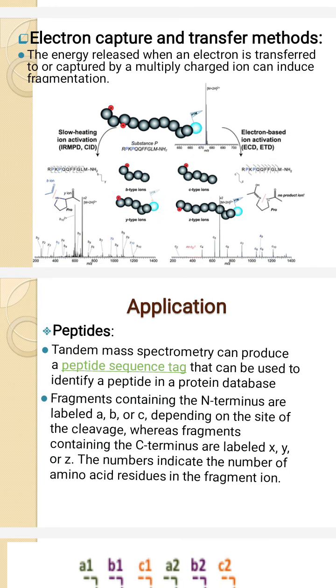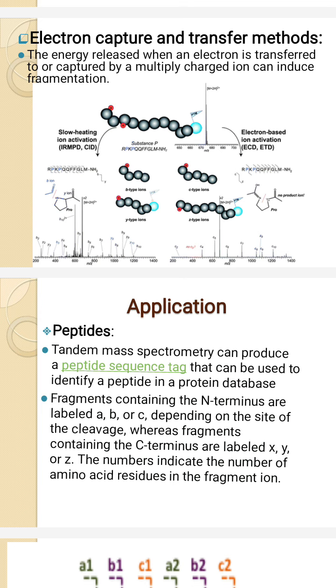Electron capture and transfer methods. The energy released when an electron is transferred to or captured by a multiple charged ion can induce fragmentation. If an electron is added to a multiple charged positive ion, the Coulomb energy is liberated.